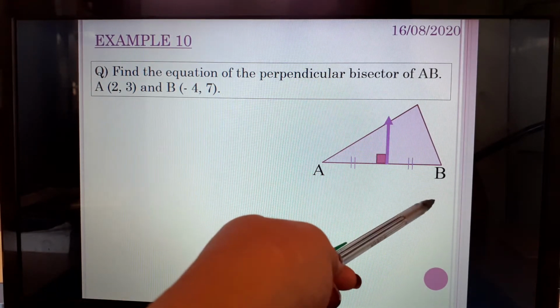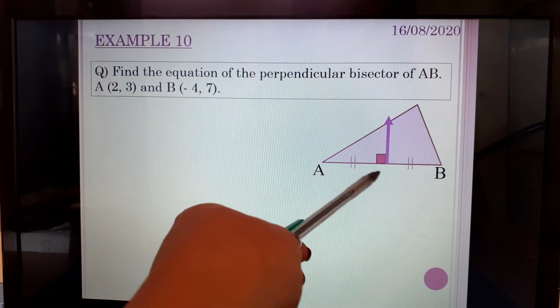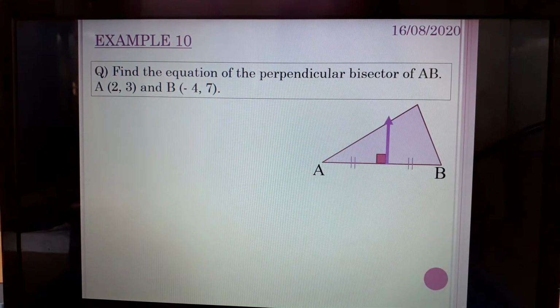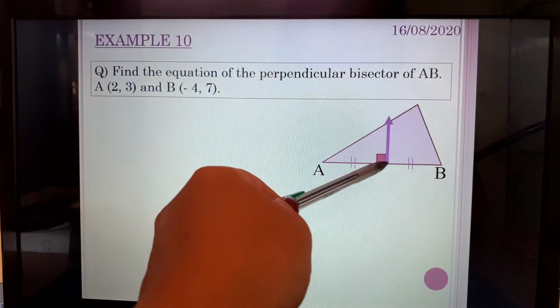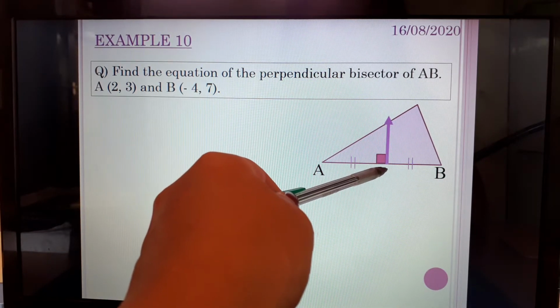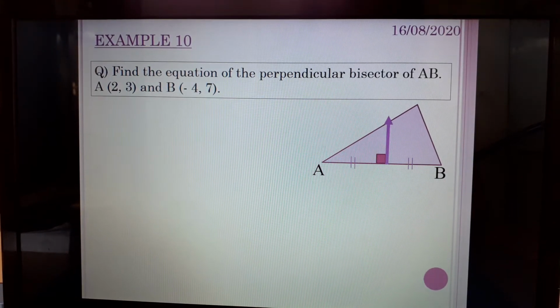So to get the gradient, I'm going to get the gradient of AB and then use my perpendicular gradient to get the gradient of the perpendicular bisector that I need. And then once I've got that coordinate there and the gradient of that line, I can then use the y minus b equals m bracket x minus a formula to find the equation of the perpendicular bisector.